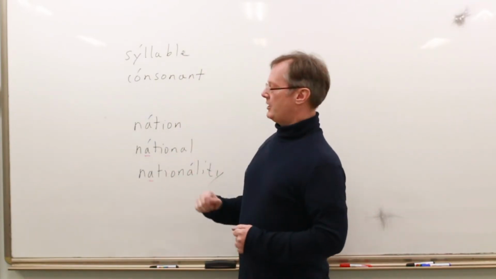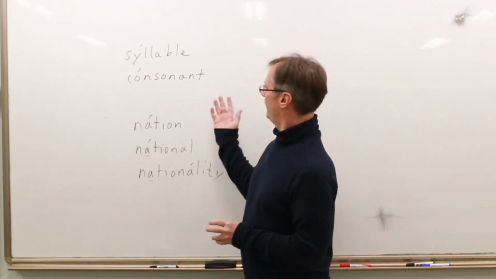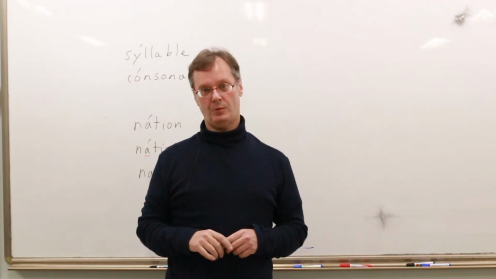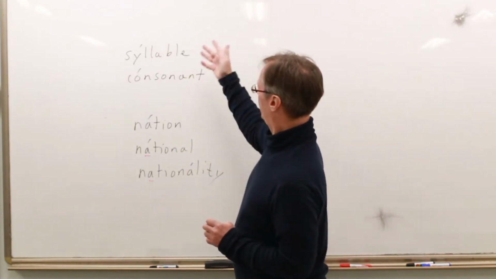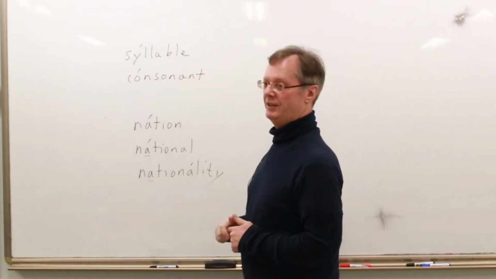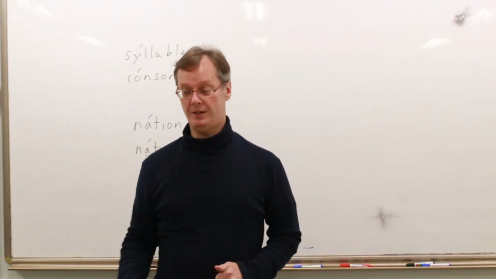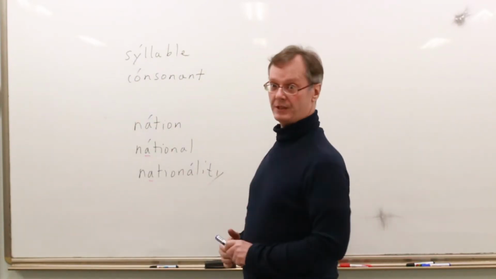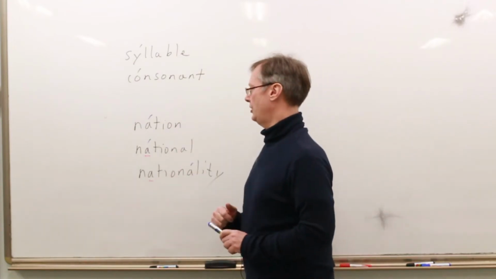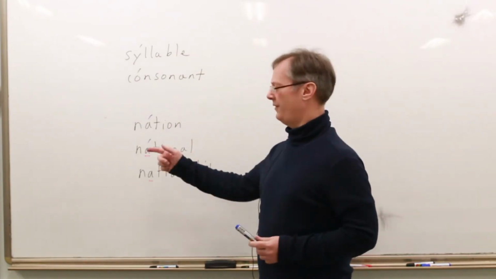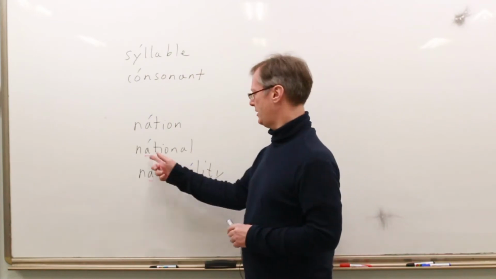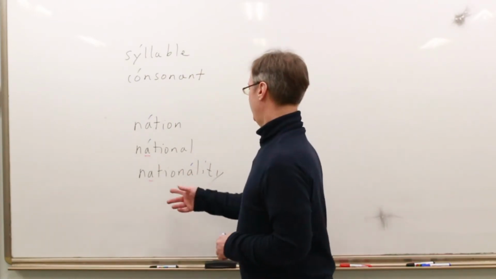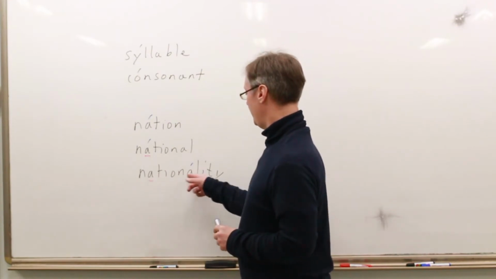You'll see a lot of academic words where the stress is maybe further back in the word, like syllable, consonant. And you probably notice cases where the stress moves when you add endings, suffixes to make new words. Nation, national, and the vowel changes. The stress stays here, but the vowel changes. And that's really strange. And then nationality, finally the main stress moves over here.